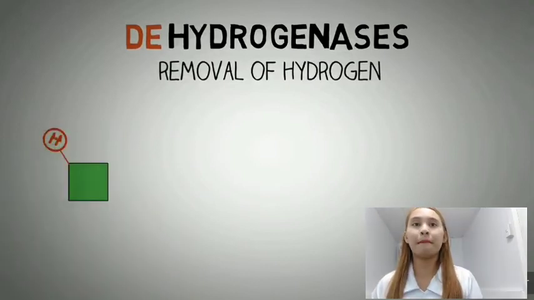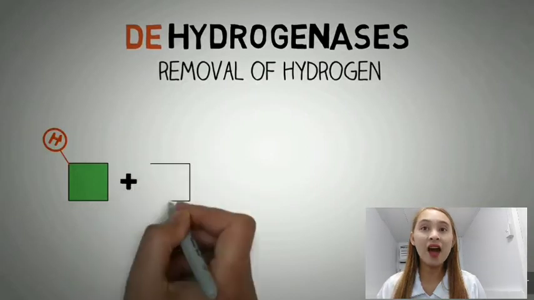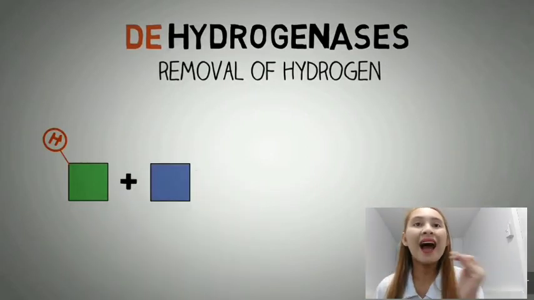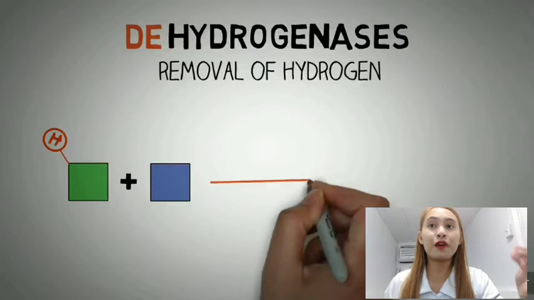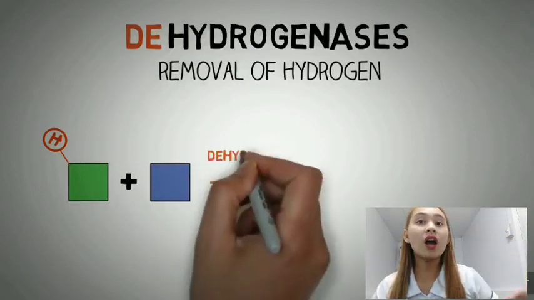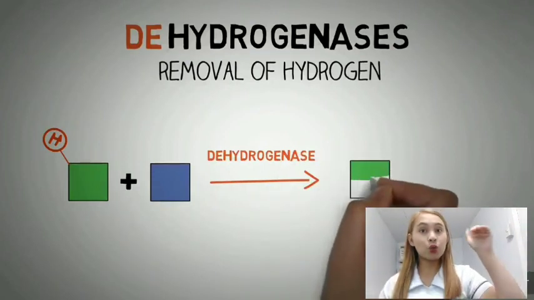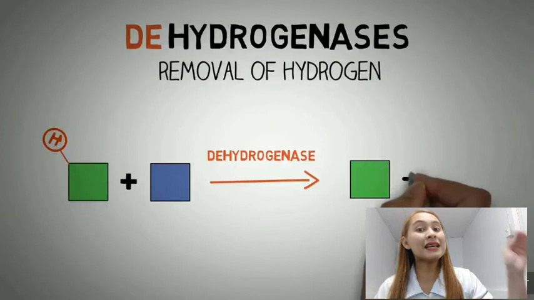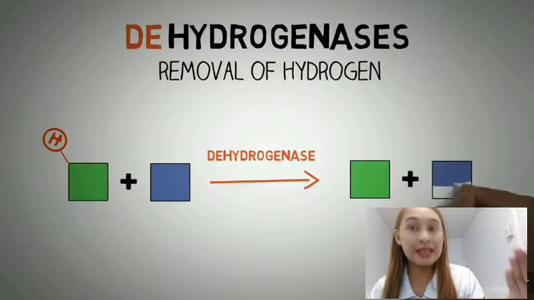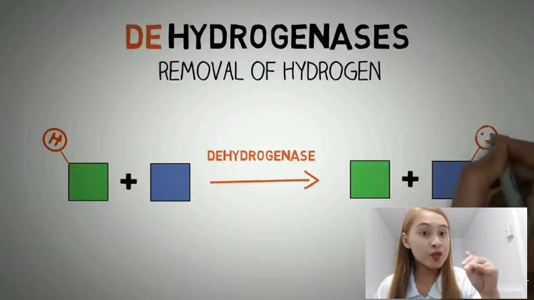So if you still remember, the removal of hydrogen is also known as oxidation. So the hydrogen that is removed from one molecule must be passed on to another molecule. So this other molecule that will receive the hydrogen gets reduced.